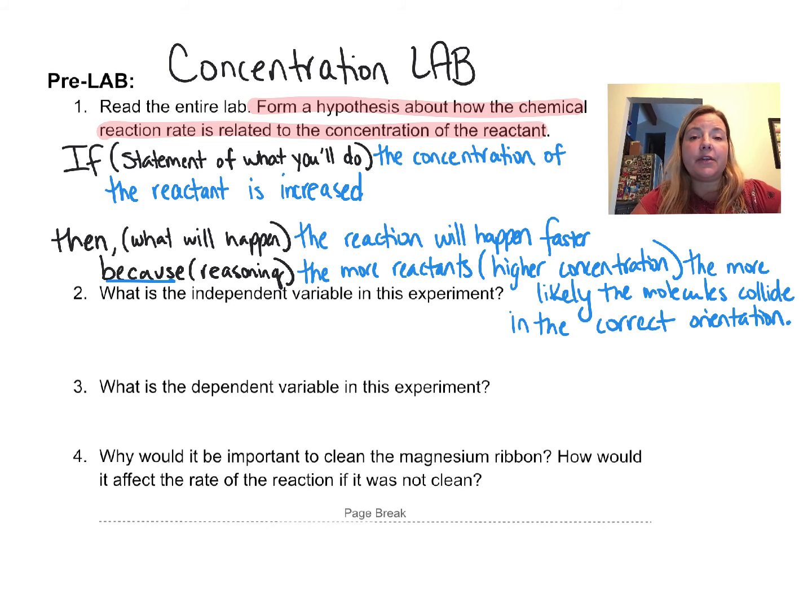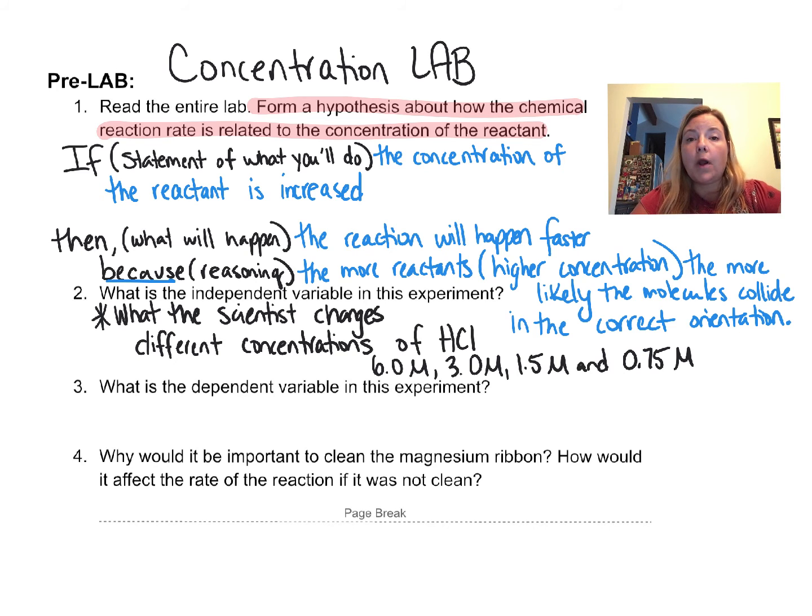So for this particular experiment, our independent variable, remember that an independent variable is the thing that the scientist is changing. So throughout the experiment, you are changing the concentration of the hydrochloric acid. So you used 6 molar hydrochloric acid, 3 molar hydrochloric acid, 1.5 molar hydrochloric acid, and 0.75 molar hydrochloric acid.